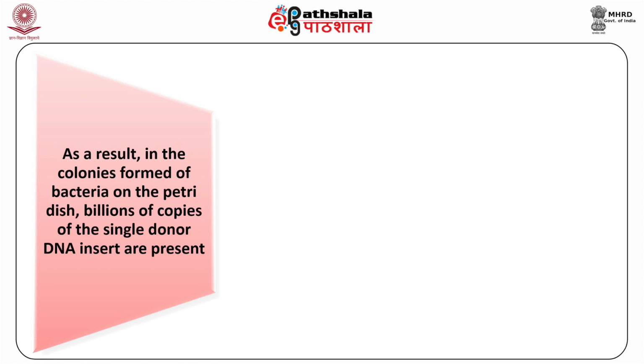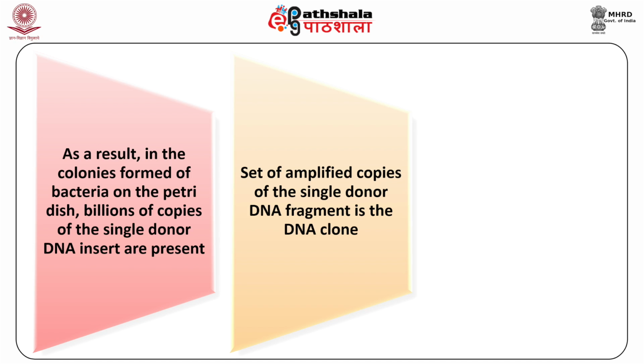As a result, in the colonies formed of bacteria on the petri dish, billions of copies of the single donor DNA insert are present. This set of amplified copies of the single donor DNA fragment is the DNA clone.